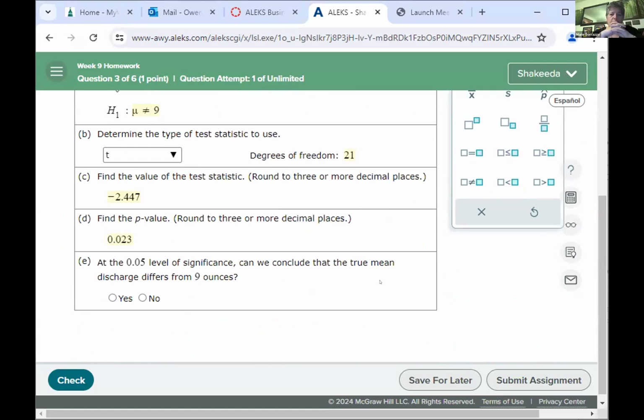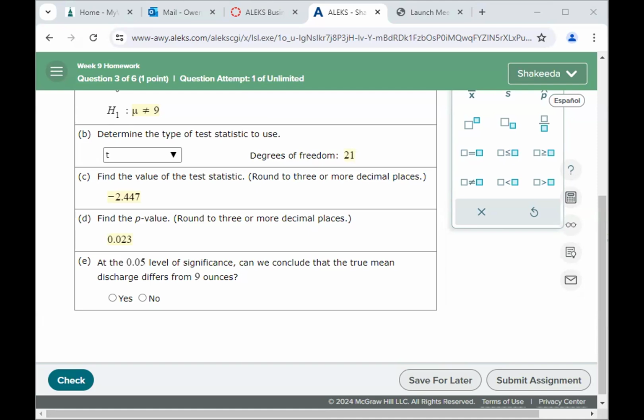And now your alpha is what size? The alpha is 0.05, and my p-value is 0.023. If 0.023 is less than 0.05, you're going to reject the null. Oh, okay, I'm sorry, I put 0.23.